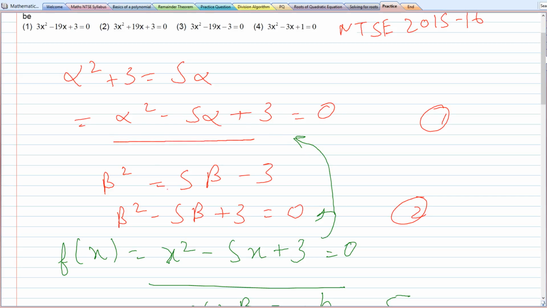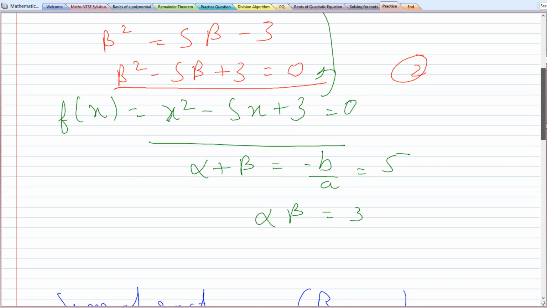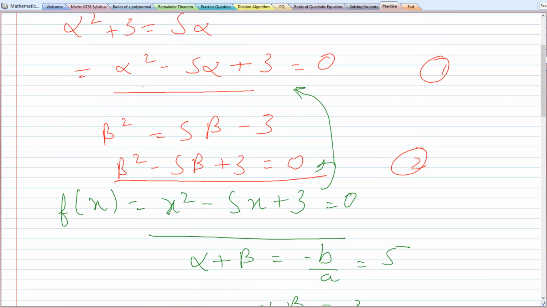If we observe these two equations, we can tell that if there is an f(x) for which alpha and beta are the roots, that f(x) can exist, and it will be x square minus 5x plus 3 is equal to 0. If I put alpha in this f(x), I get my first equation. If I put x is equal to beta, I get this equation. So the given conditions are satisfied if alpha and beta are the roots of this equation.